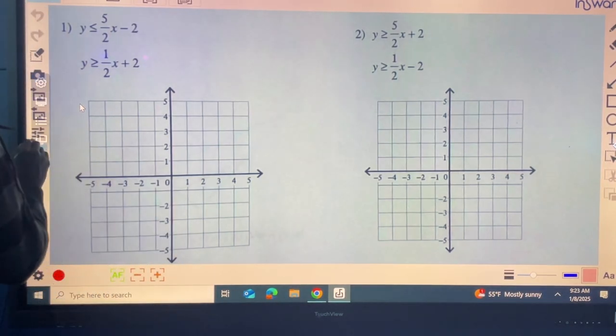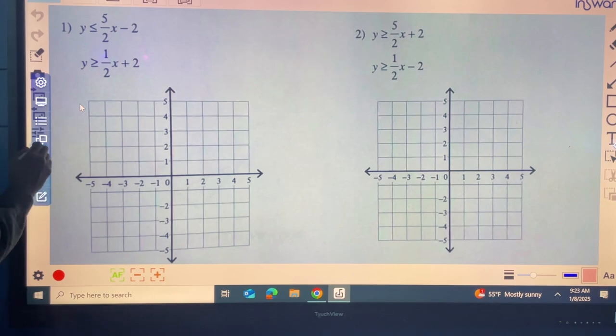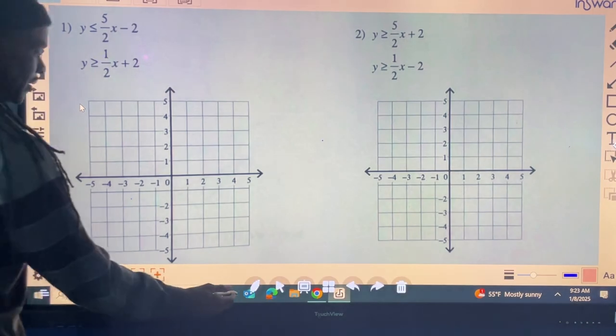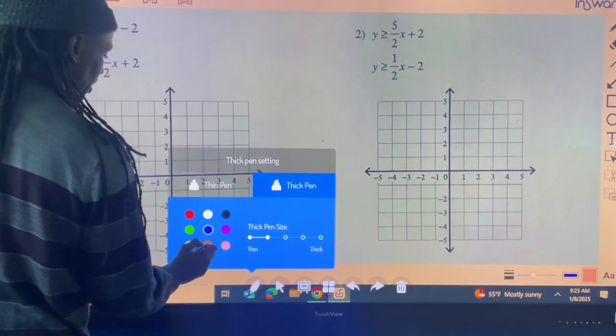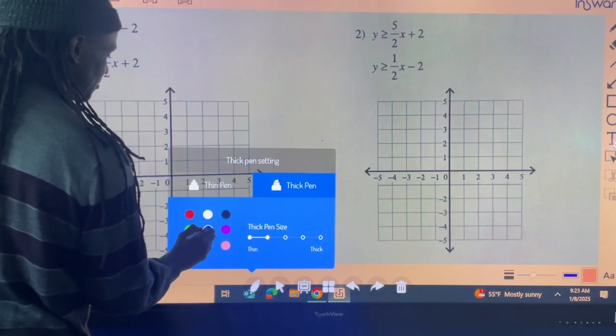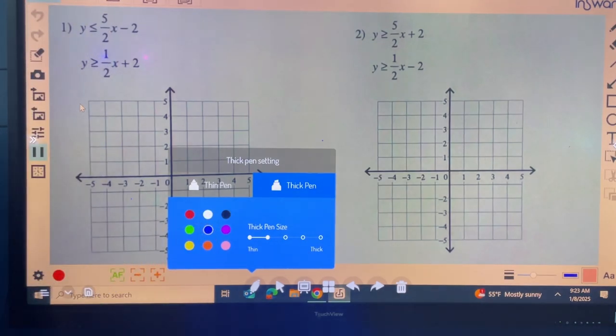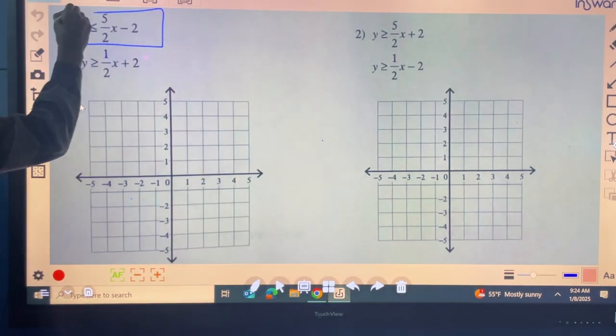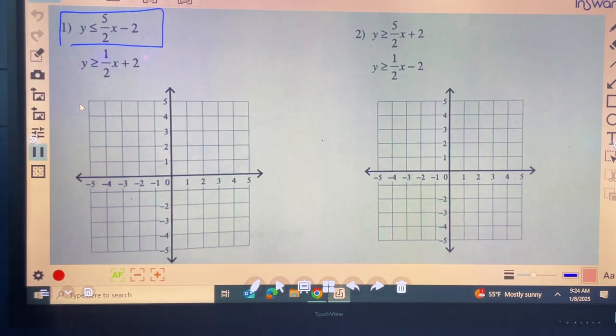To keep everything organized so you don't get confused, I would color coordinate everything. So I'm going to do this first equation, this first line with this equation here, in blue. So the first question I've got for you is, what kind of line is this one going to be in the blue? Is it going to be solid or dotted?